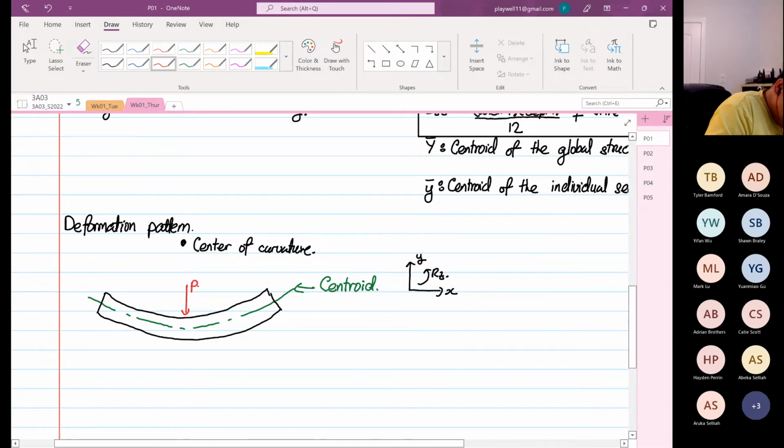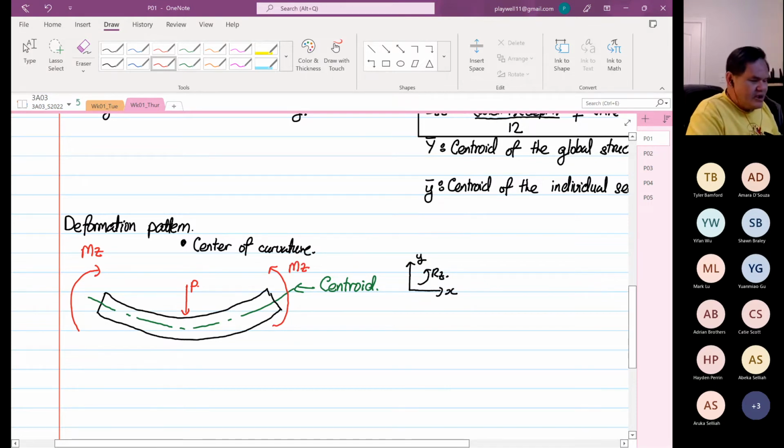So due to how the structure has been deformed, we are going to sketch the moment vector. The moment is about the Z-axis. I'll draw it again over here. The moment is about the Z-axis.